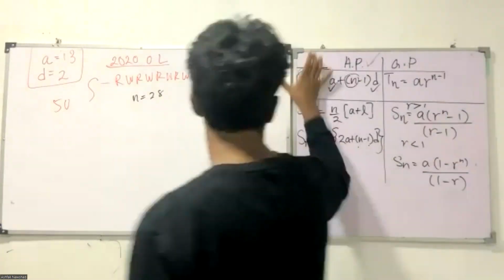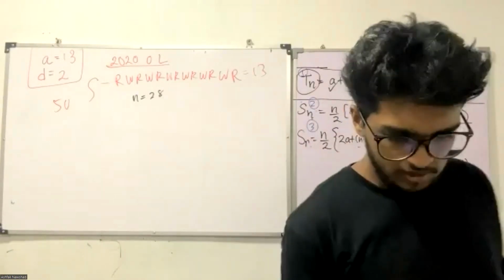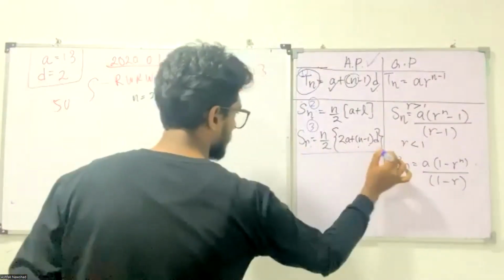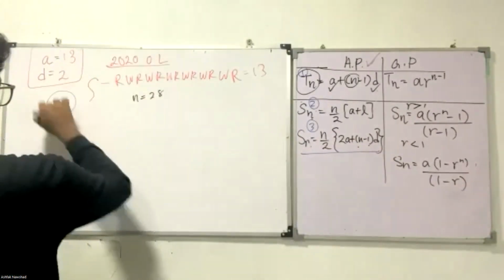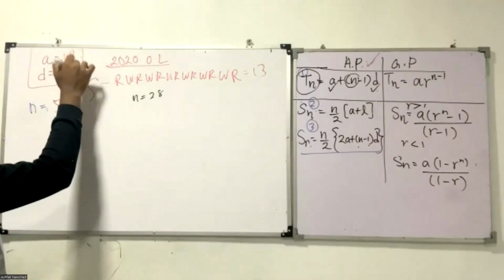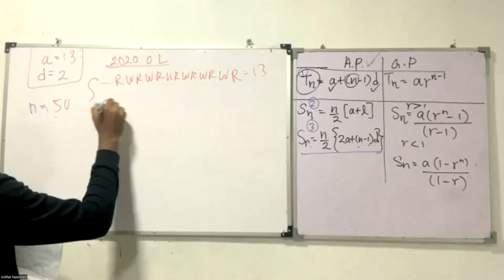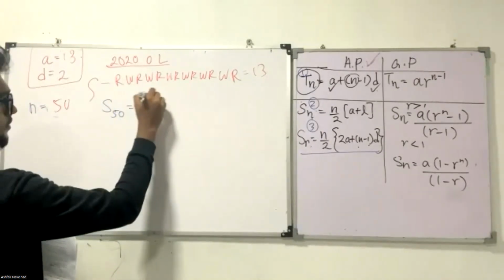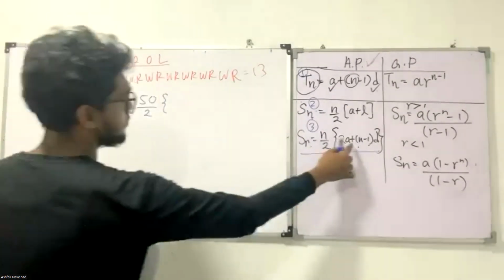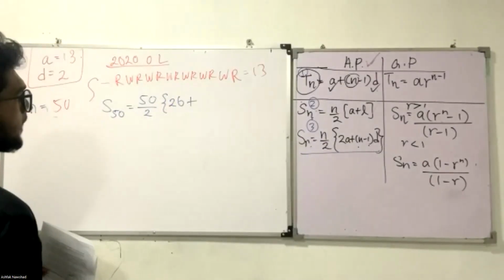Shall we use it? Let's do it. So we are going to use the third formula, and we know there are 50 rows. So n is 50, a is 13, and d is 2. So S50 is equal to 50 over 2 into, now a is 13, what is 2a? 2a is 26 plus n minus 1.